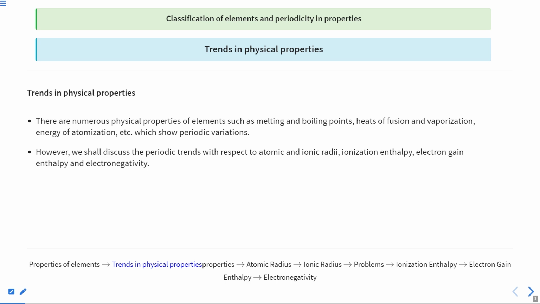We will not talk much about physical properties like boiling point and melting point. We will mainly talk about ionization enthalpy, electron gain enthalpy, and electronegativity. Right? Clear? Okay.